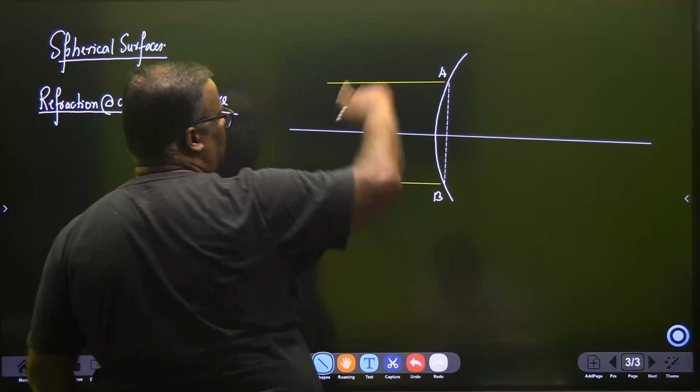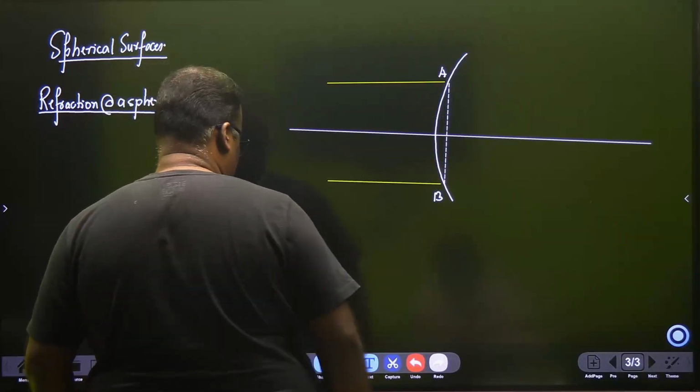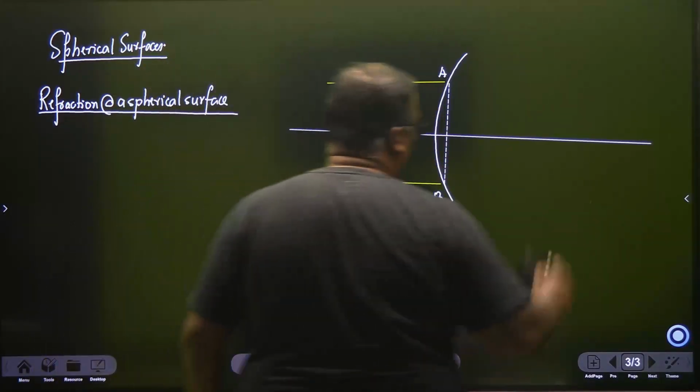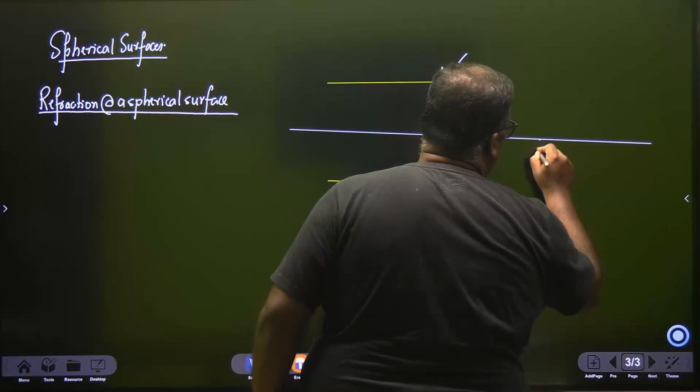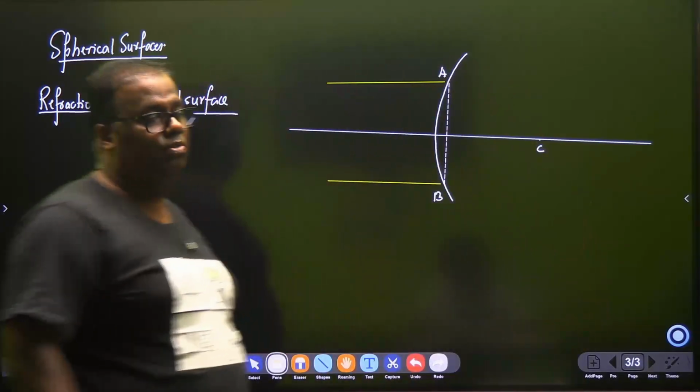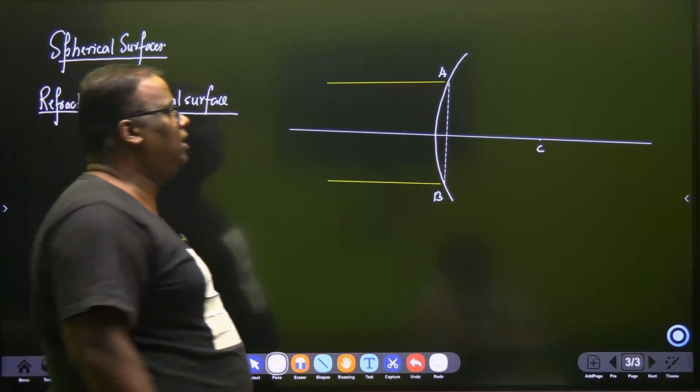So this spherical surface is a part of a sphere, so obviously I should have something which is known as the center of curvature of this spherical surface. Are we fine?